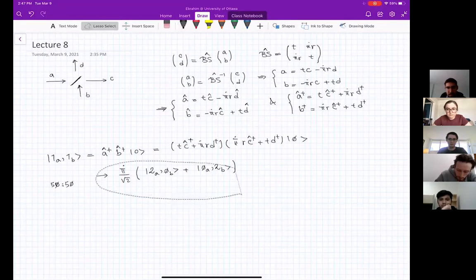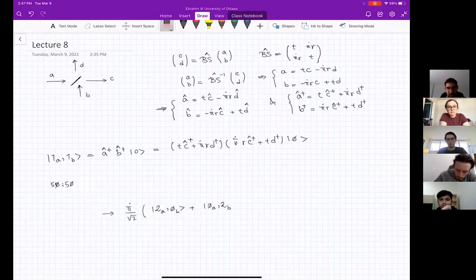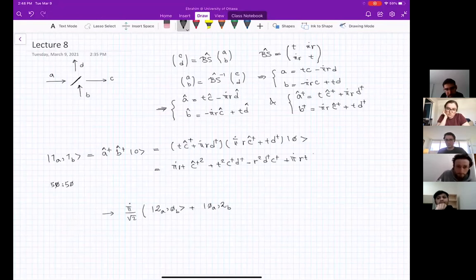Then what we do have is iRT C dagger to the power of 2, plus T squared C dagger D dagger, minus R squared D dagger C dagger, doesn't matter, and in this case plus iRT D dagger squared acting on vacuum.